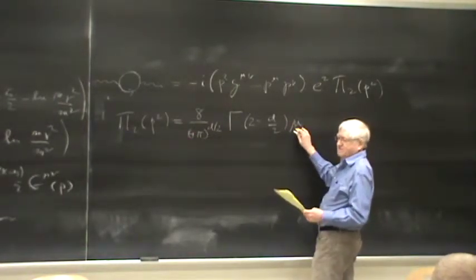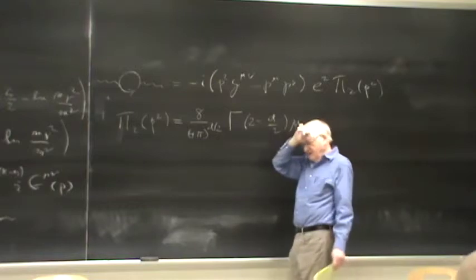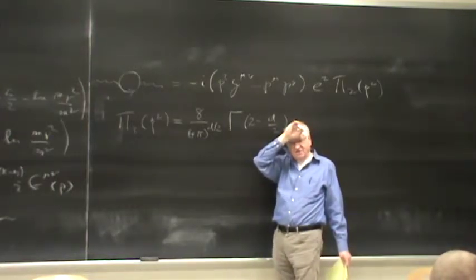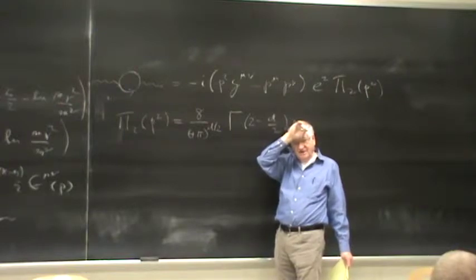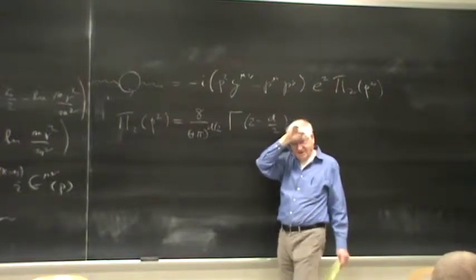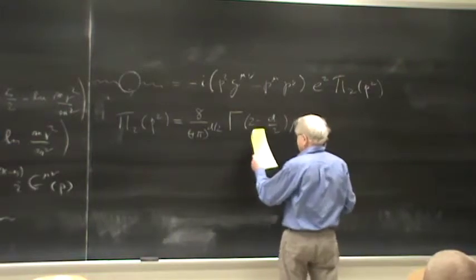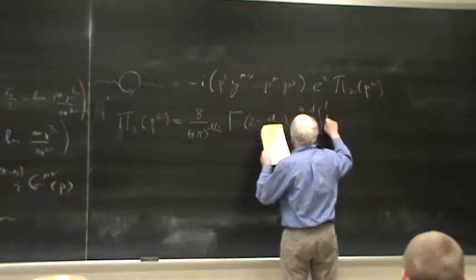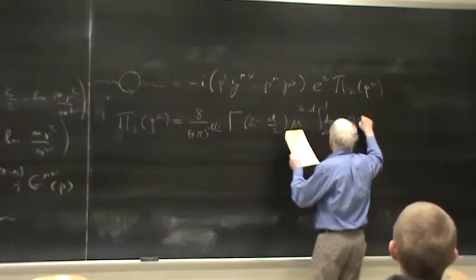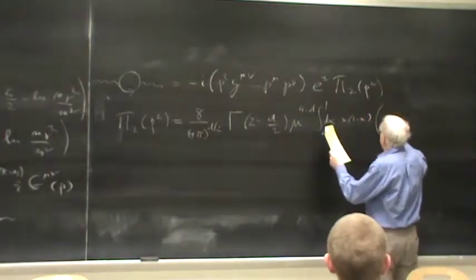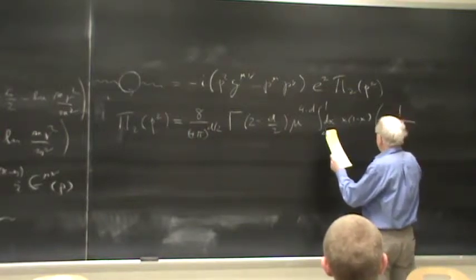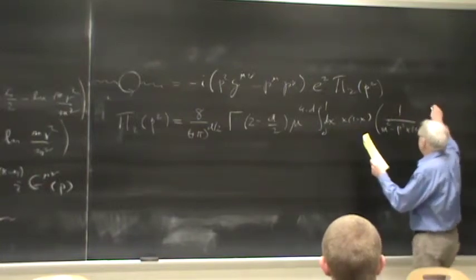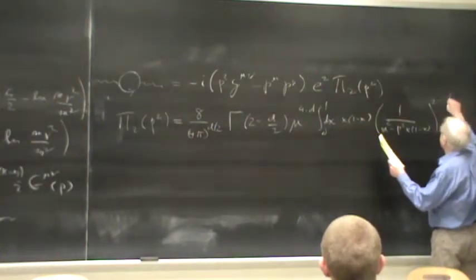It's just some mass. Remember that fields and coupling constants have funny dimensions if you're in a funny dimensional space. And so this is mu to the 4 minus d, integral 0 to 1 dx, x, 1 minus x, 1 over m squared minus p squared x, 1 minus x, to the 2 minus d over 2.